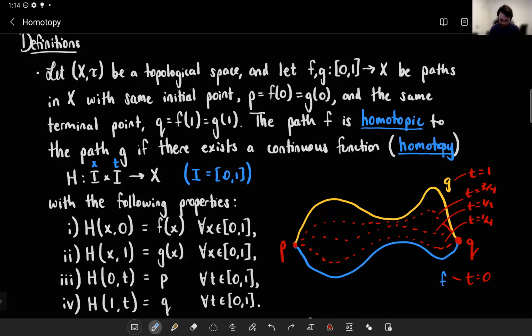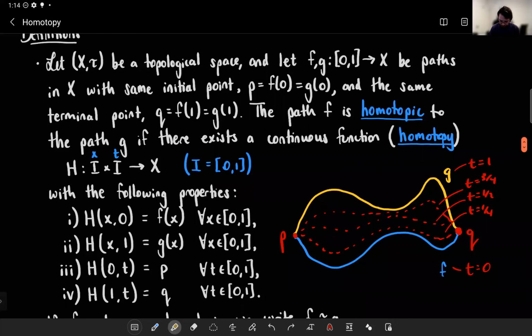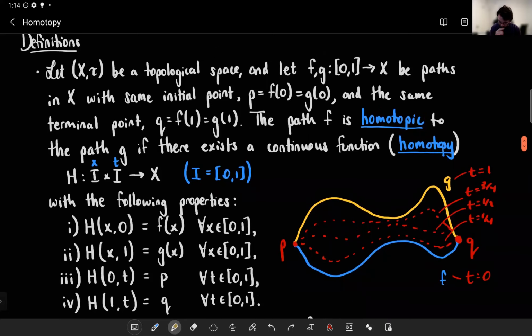So let's focus on these last 2 properties first. We say that the initial point is always P and the terminal point is always Q. That's what that means. If we're looking at the starting point, 0, then we want that to always be fixed here.